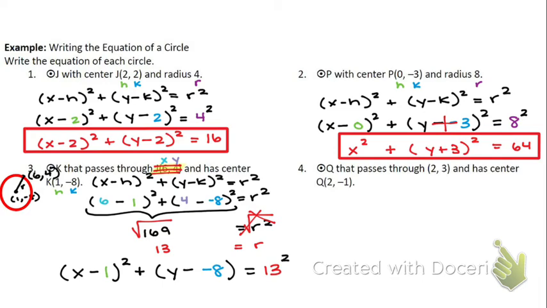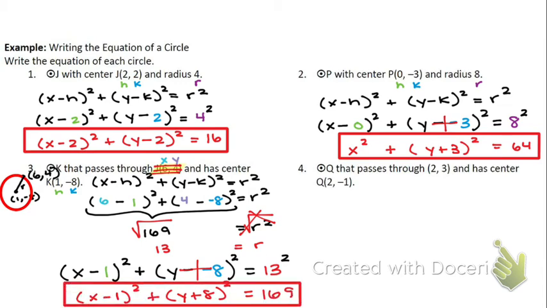And now I can just go simplify. Remember, minus a negative becomes a positive, so my final answer is x minus 1 squared plus y plus 8 squared equals 169. And that's it.